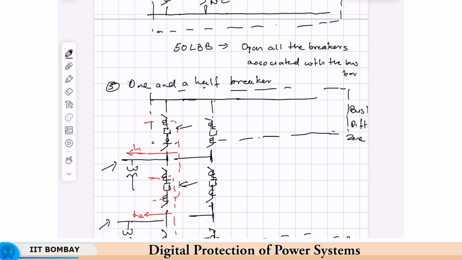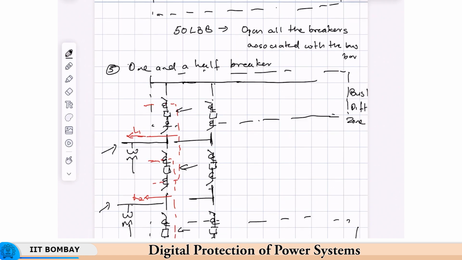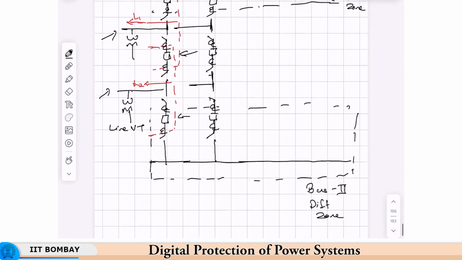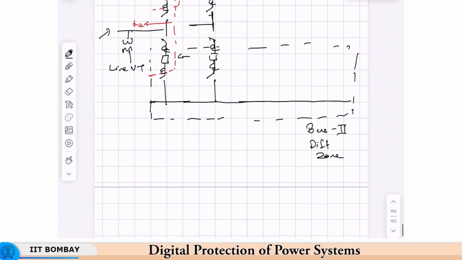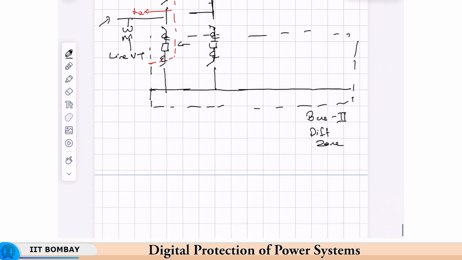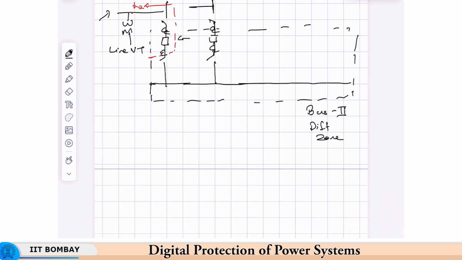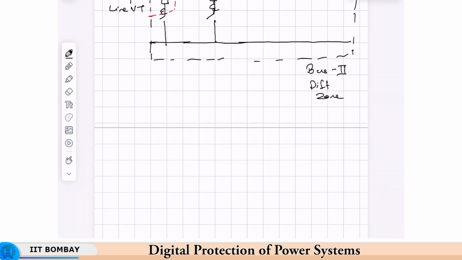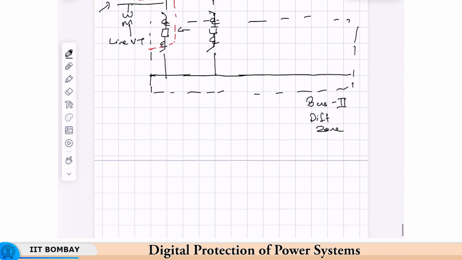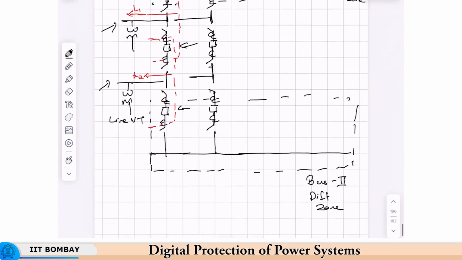And also of course, there are 2 bus bars available, so the redundancy in the bus is also there, but importantly a breaker can also be taken out for maintenance.